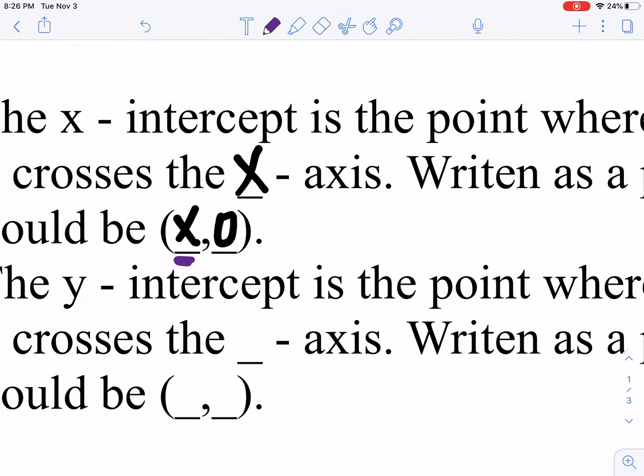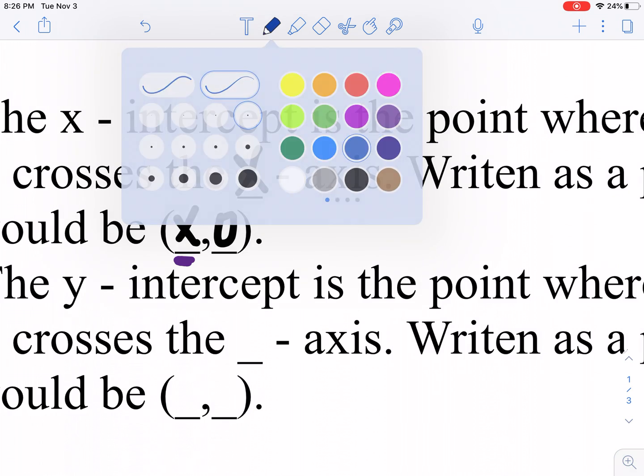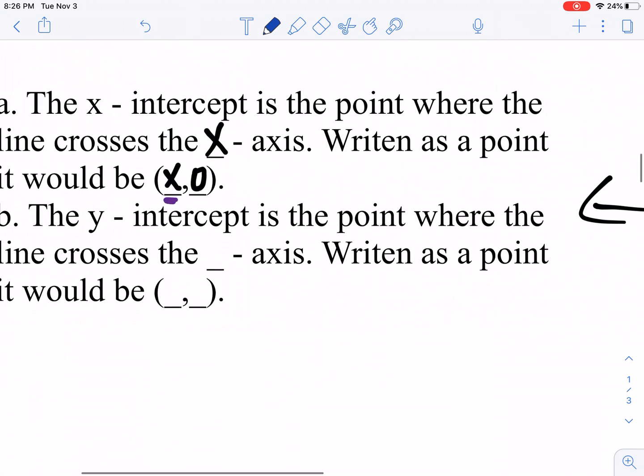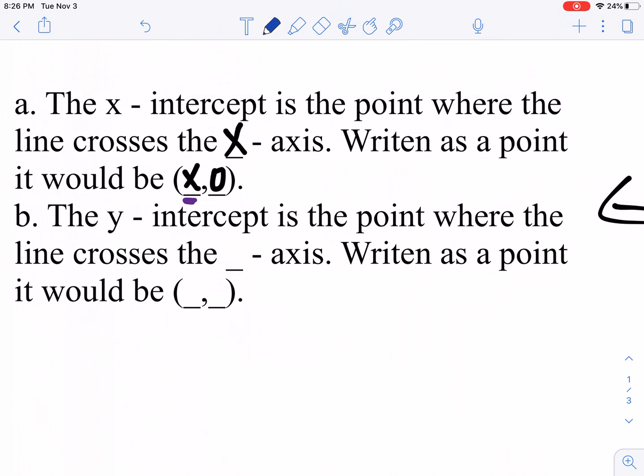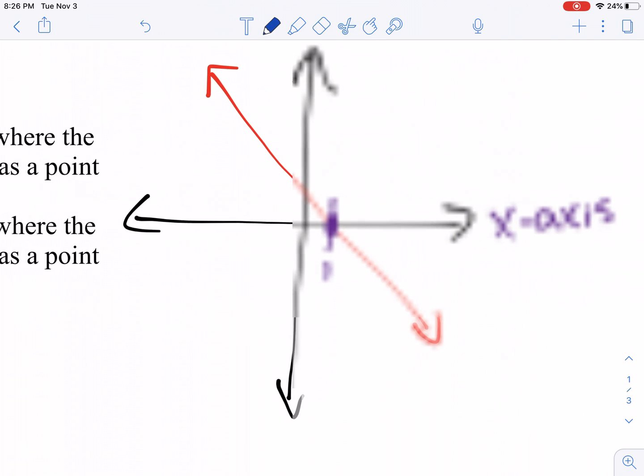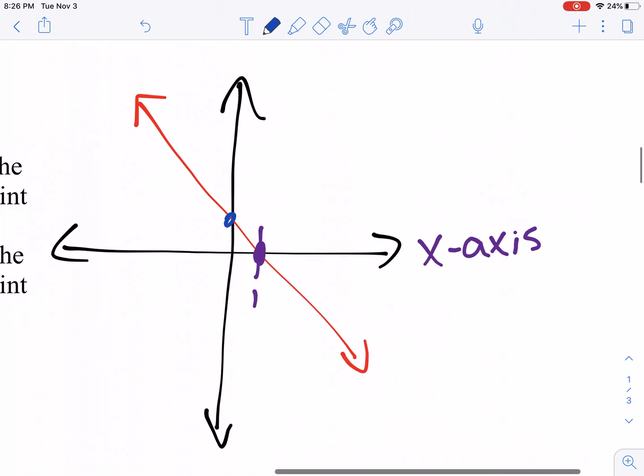Now similarly, the y-intercept is the point where we cross the y-axis, and we've dealt with this before in slope-intercept form. It's our b where we cross the y-axis, and that's always (0, y). In other words, we're not going left and right on the x-axis. However, we are crossing at some y value on the y-axis. This guy right here would be our y-intercept because it crosses the y-axis.